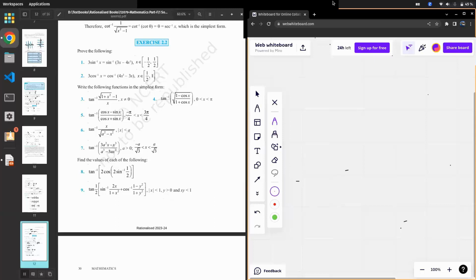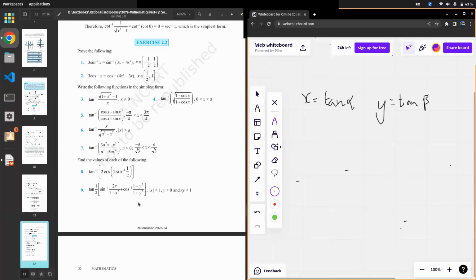So it is convenient to convert this into some sort of tan theta, since we know the value of 1 minus tan square theta and 1 plus tan square theta. So first we substitute x is equal to tan alpha and y is equal to tan beta.